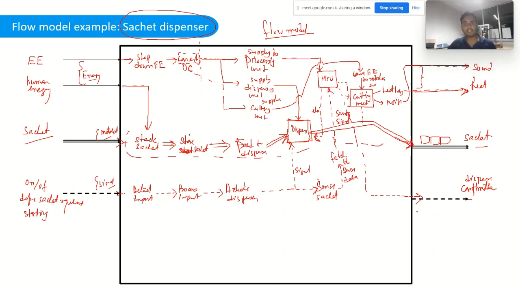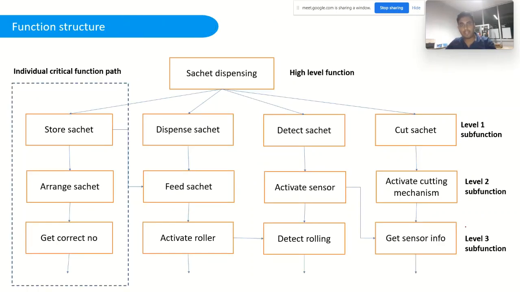Because of that, it is not easy to represent this in the form of a simple tree structure. Not possible. So we end up having something called a function structure, not a function tree.